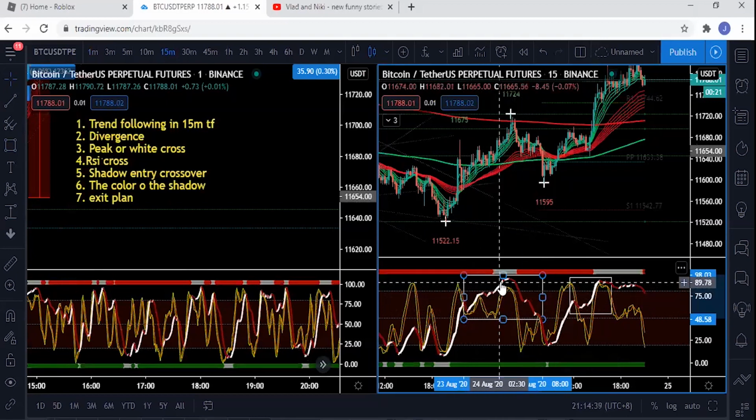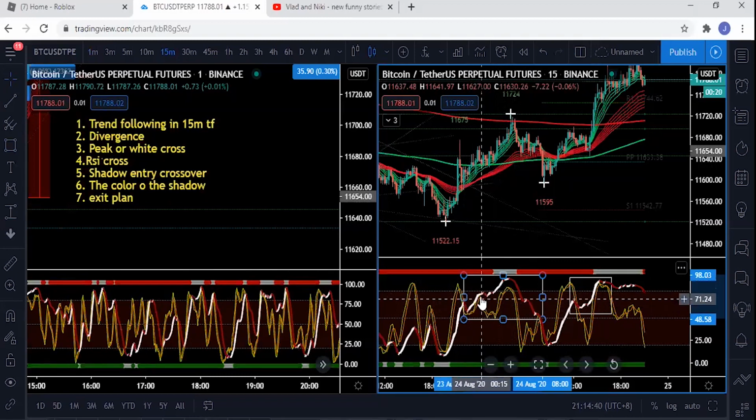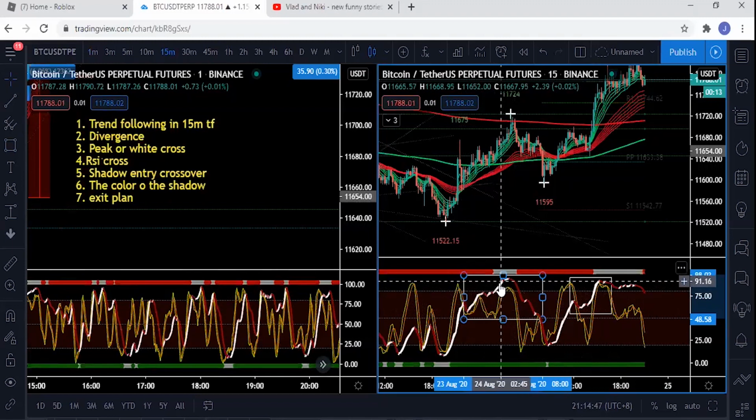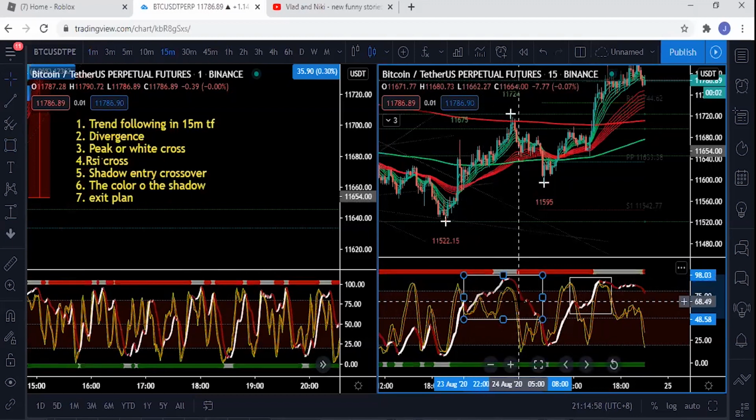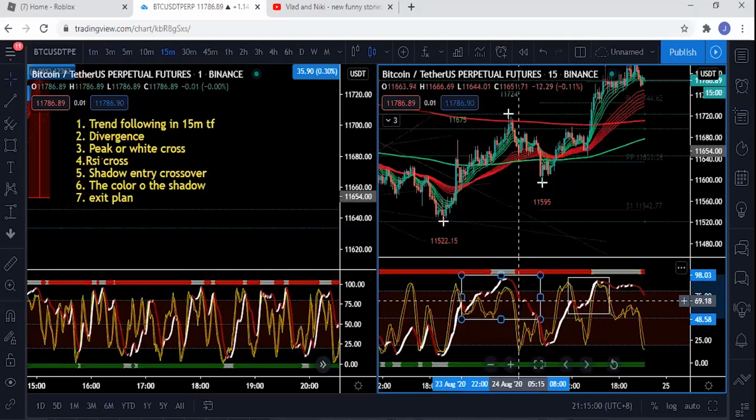From here, it's pointing up, so we are still bearish here. There is a scenario where the shadow is pointing up but the color is red, like here. So it's still going up. But then, as you can see, the direction of our shadow is pointing down, meaning to say it is going to go down here.